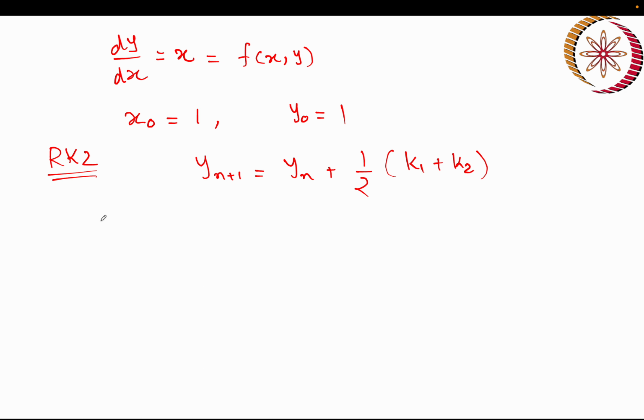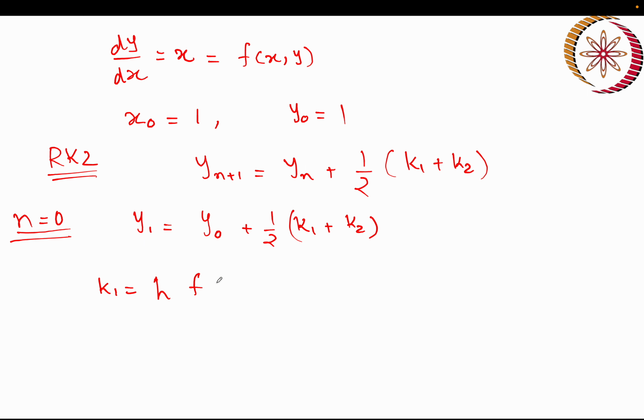Here we want to find out y1, so n is equal to 0 for us. So y1 is equal to y0 plus half k1 plus k2, and k1 is equal to h into f of x0, y0.